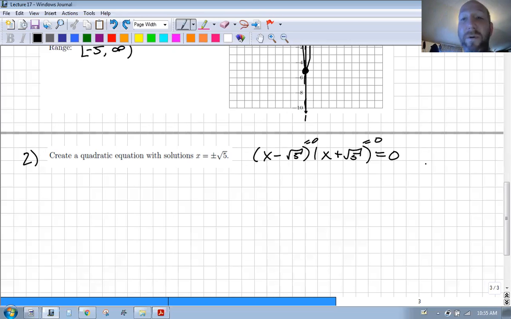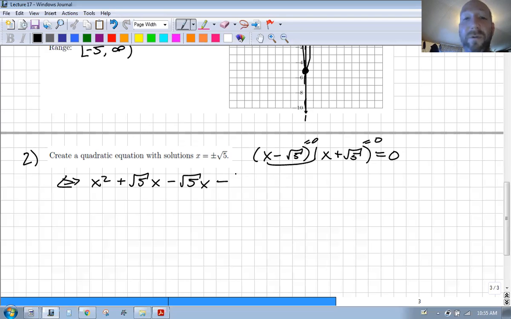Right? If you want, you can multiply it out, make it look like a quadratic. If we multiply that out, we got an x times an x is an x squared. We got plus the square root of 5x, then minus the square root of 5x, and then a negative times a positive is a negative.